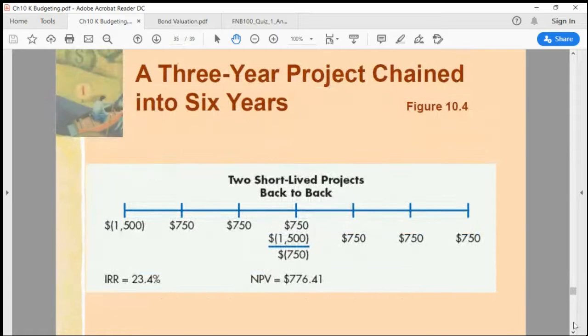Now, if we do this in Excel, it's not that difficult.